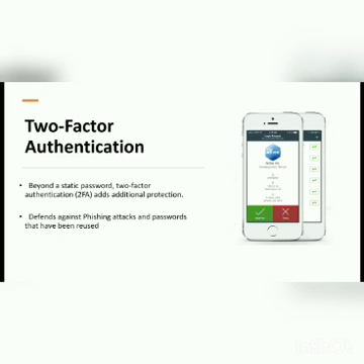Two factor authentication is nothing but it has two steps for logging into your device. So, beyond a static password, two factor authentication (2FA) adds additional protection. In push based 2FA, most push based authentications can be approved only if a user's phone is unlocked.